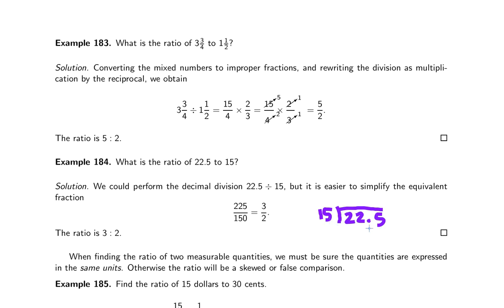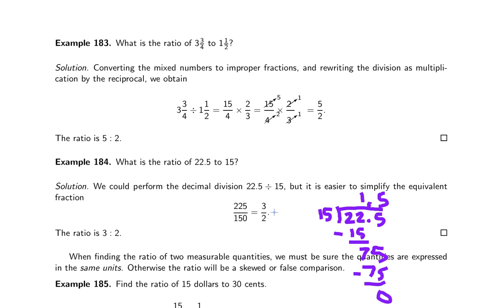We're dividing by a whole number, so line up the decimal points. 15 goes into 22 one time. Subtract, we get 7, and bring down the 5. 15 into 75 goes 5 times. So we get 1.5.